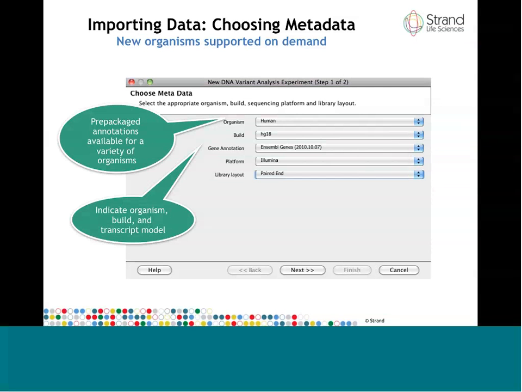From within Avadis NGS, you'll automatically see what we call an annotations manager that will show you all of the available packages for the various organisms. In case you're working with an organism that you don't see on that list, please contact us, and we've been quite active about supporting new organisms on demand.